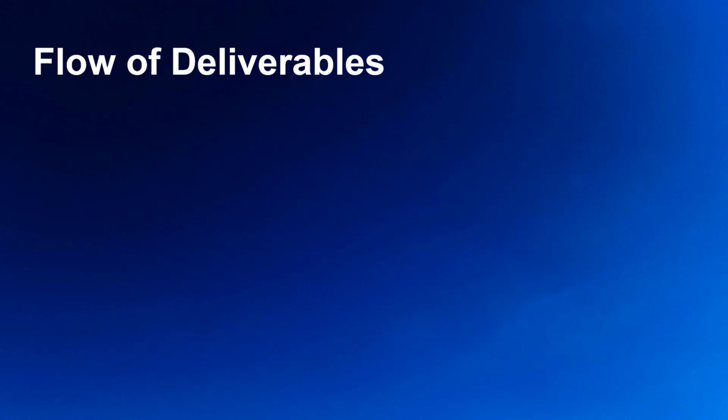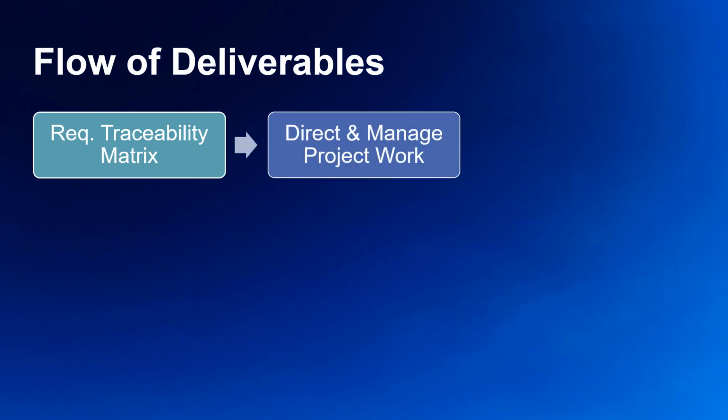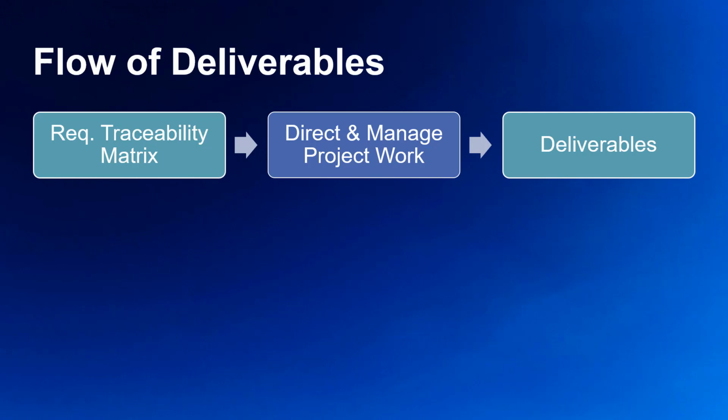If we zoom further out and look at this from a higher perspective, we can see how the deliverables came about from project integration management. It starts with the requirements traceability matrix that comes from the collect requirements process. This is an input to the direct and manage project work process. One of the key outputs, as we saw, are the deliverables.